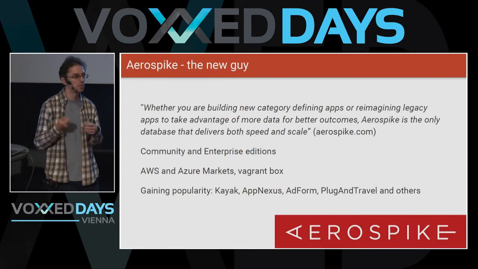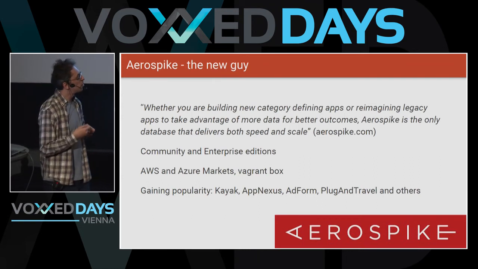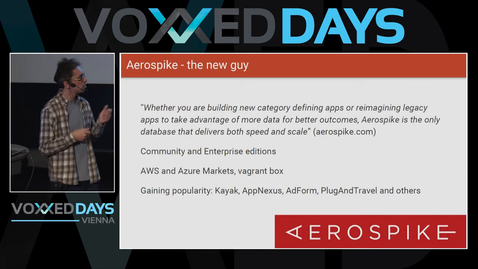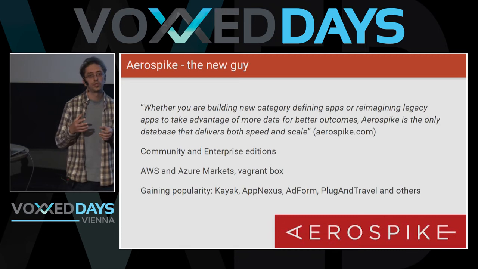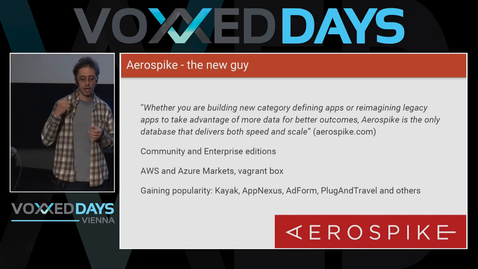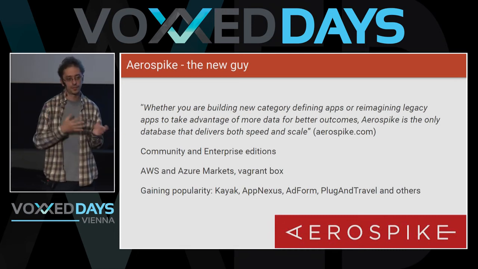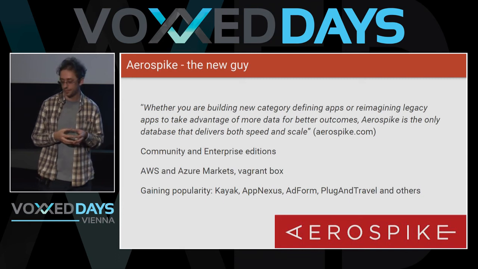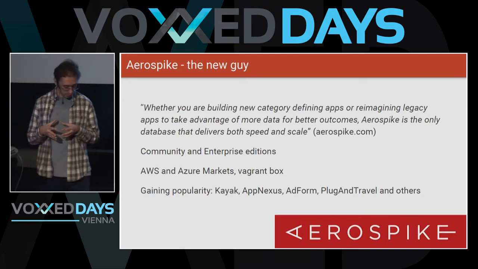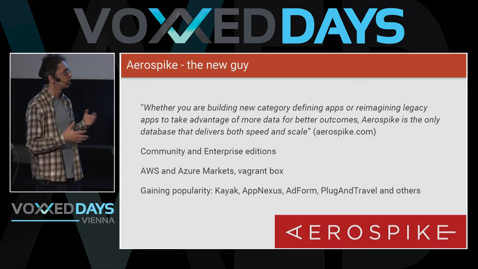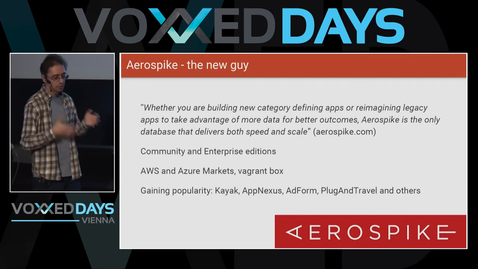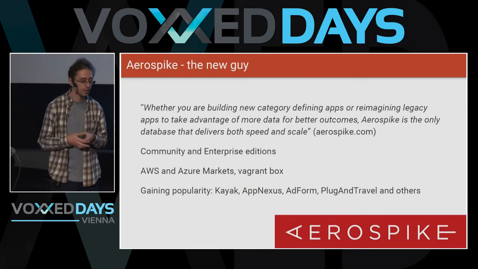Kayak, I don't know if you're aware, is a big brand in the travel industry. It's also used in the advertising industry, like if you need to serve fast ads to your customers, it would be a great choice. And it's easy to start. You can find it configured and available as a Vagrant box if you want to start developing and playing with it.